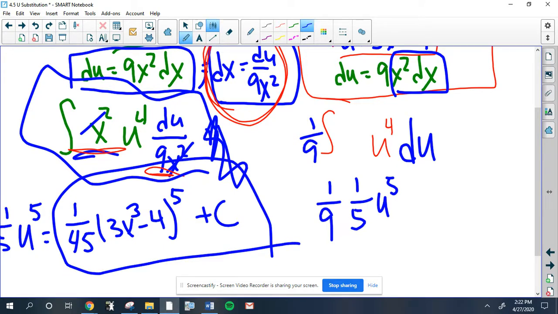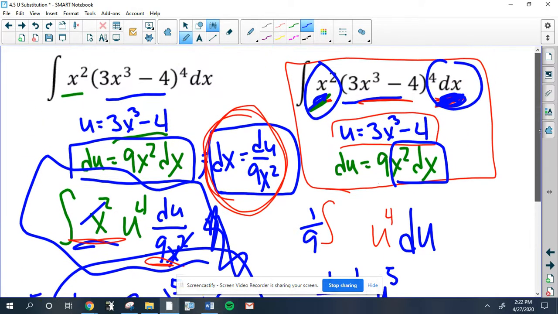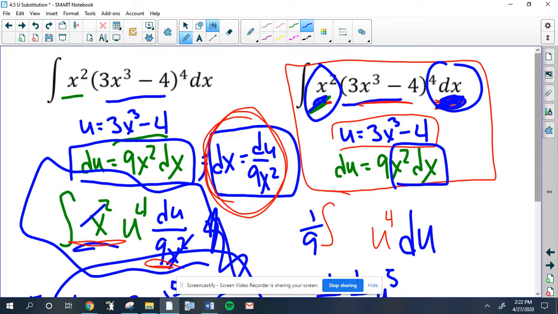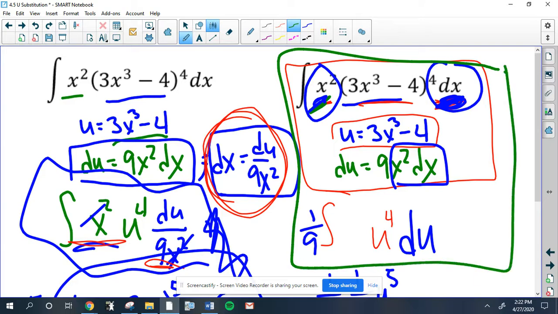That's a slightly different way to do this problem. They both are legitimate ways. As I've said, as you practice these, you're probably going to prefer this way. So you may want to practice that.